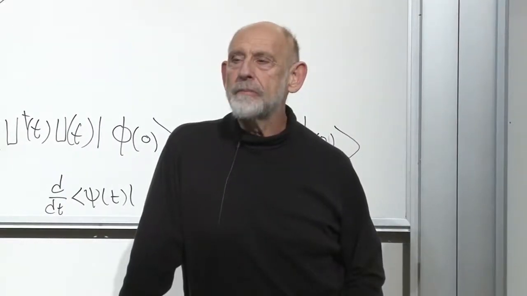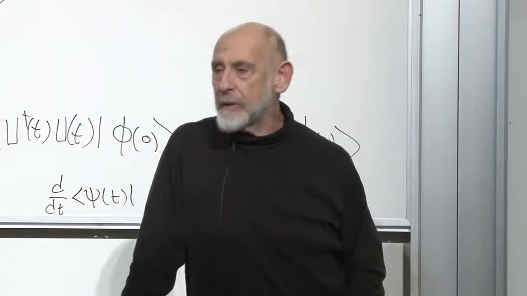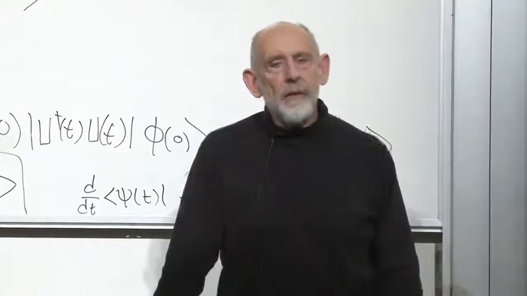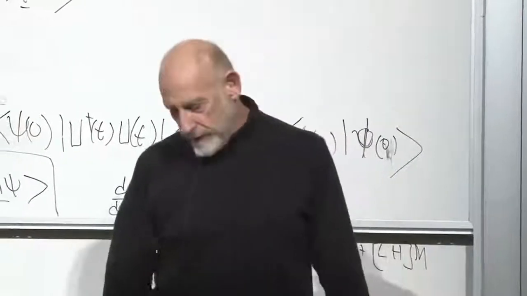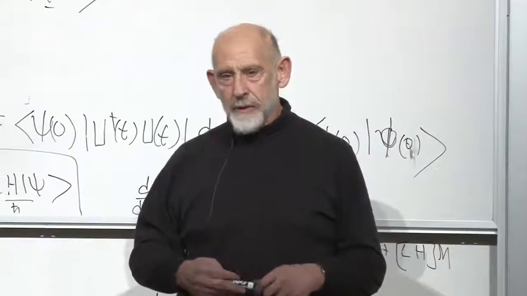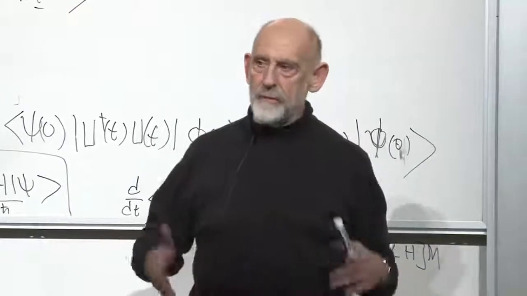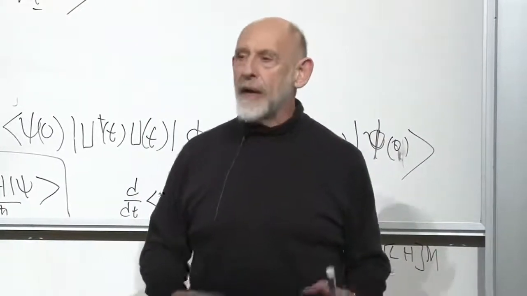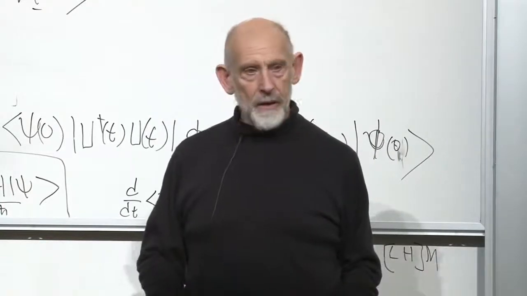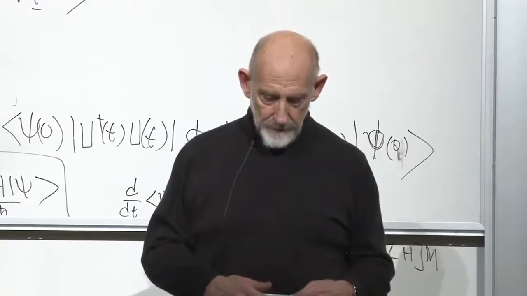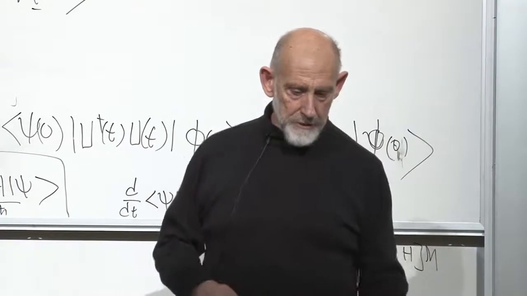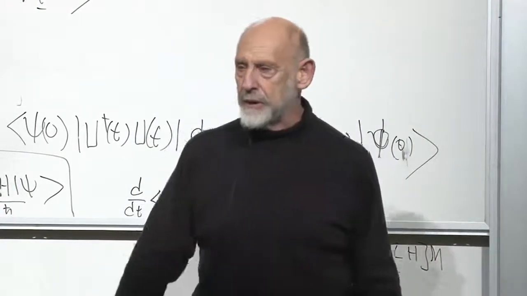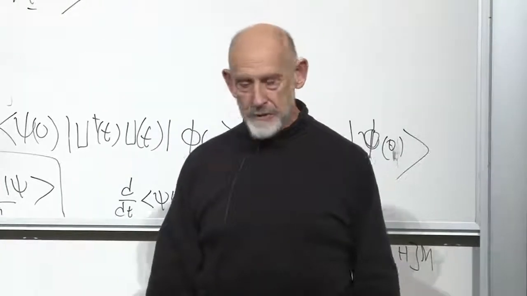So how can your postulates work without a collapse postulate? What's that? How can your postulates work without a collapse postulate? Well, we really want to derive the collapse postulate. But the derivation is deeply connected with something else that we haven't come to yet, and I think we're going to come to it next time, entanglement. The measurement process is really a process of establishing entanglement between a system and an apparatus.